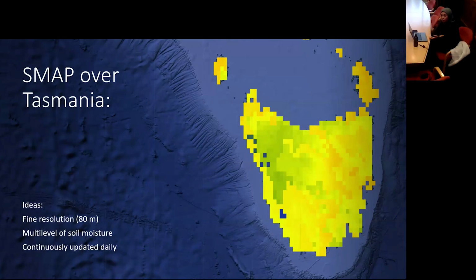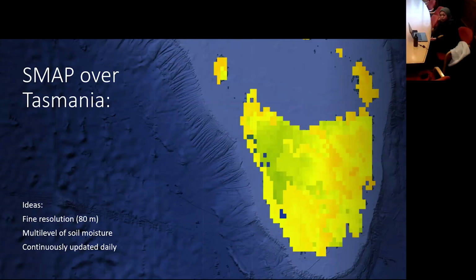It's very coarse, and we can't really see how soil moisture changes within one field, because if you have 100 or maybe 1,000 hectares of farming area, it is probably covered by just 1 or 2 pixels of the SMAP datasets.